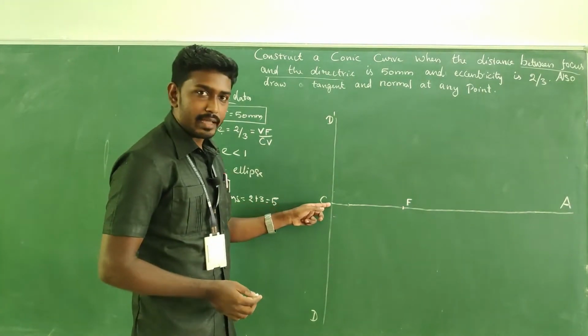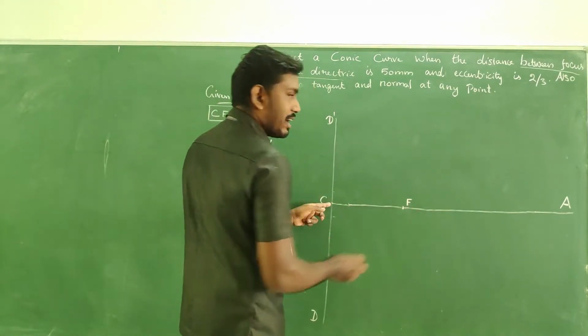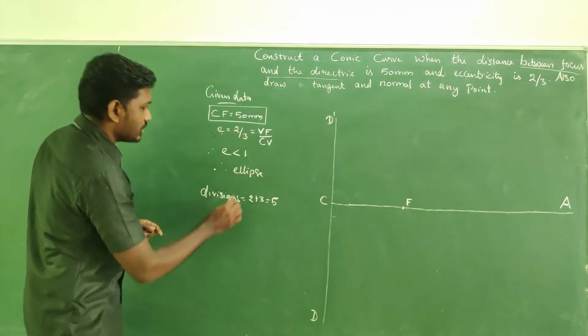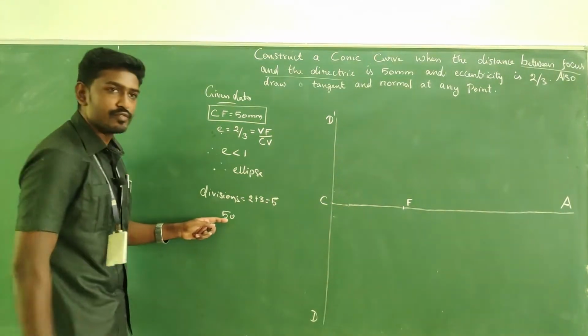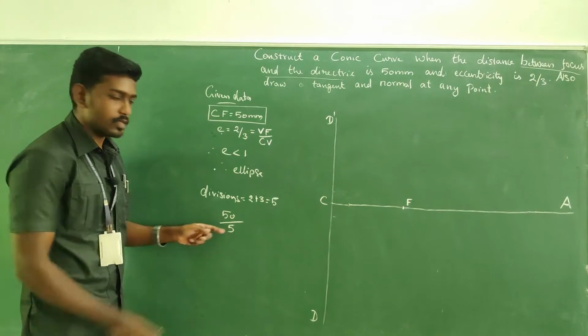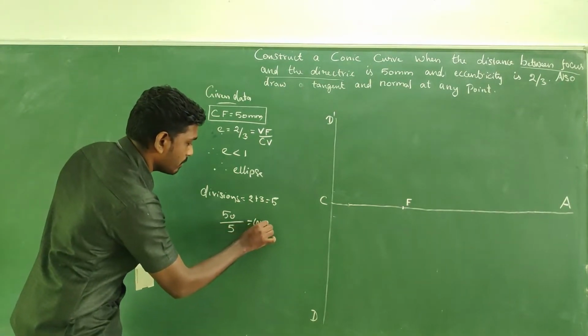So between C and F we have 5 divisions. We know the distance is 50, so we divide it by 5 and get 10 mm.